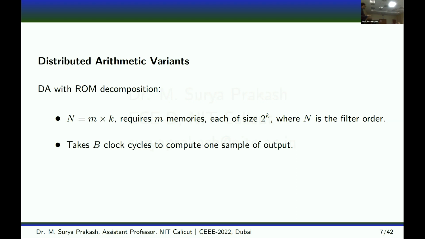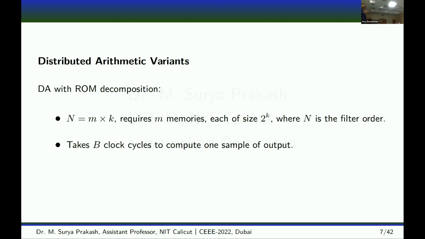Such large sized memories are difficult to obtain. For this reason, we have one variant of distributed arithmetic called the ROM decomposition variant. In this case, instead of going for a very large sized memory, we can use multiple small sized memories. That's one variant of distributed arithmetic.